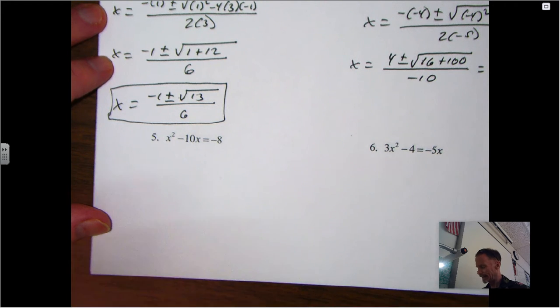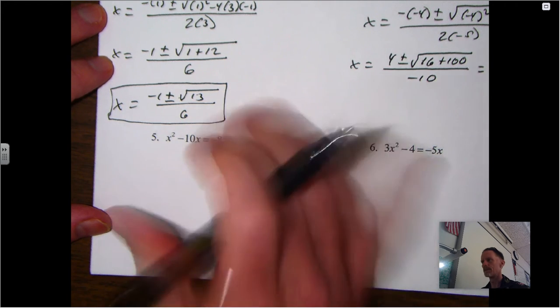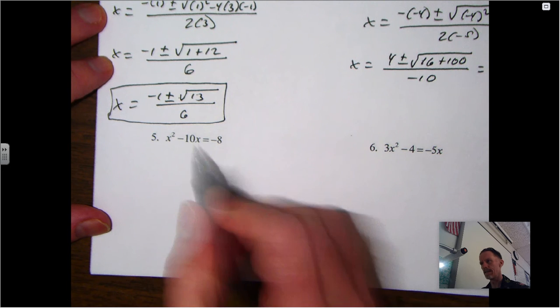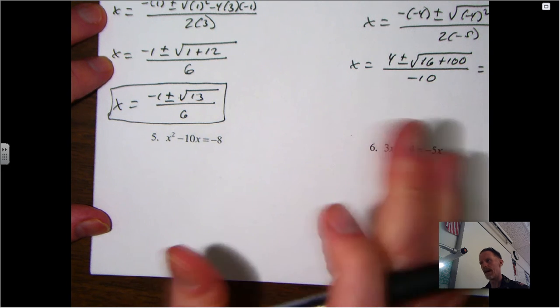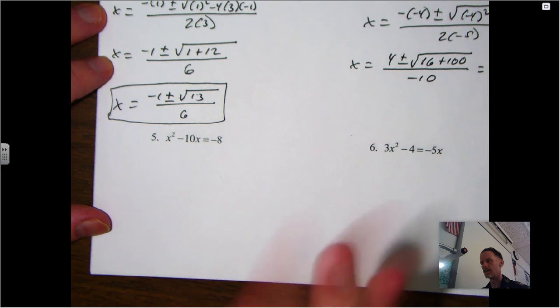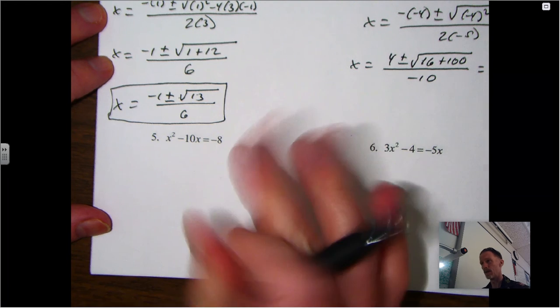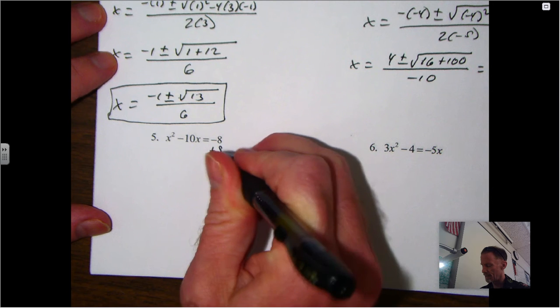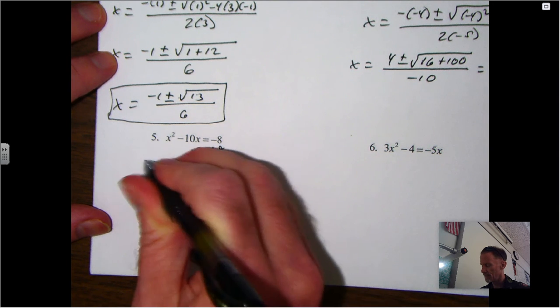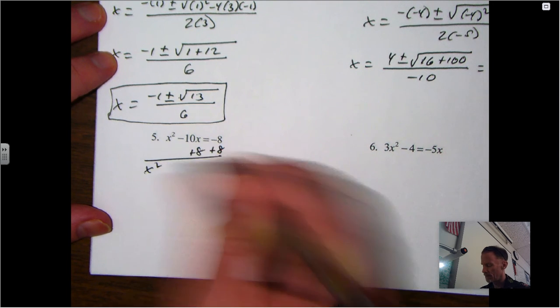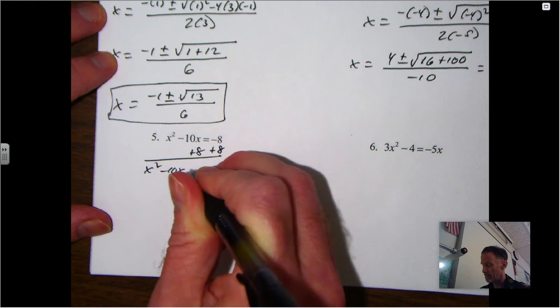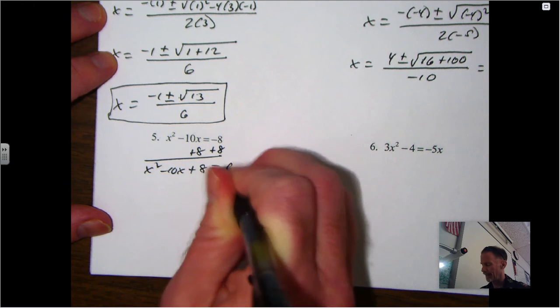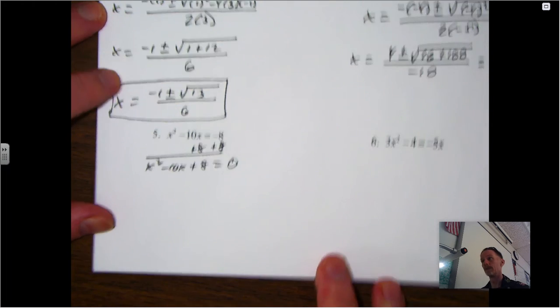So before you do anything else, if you have to move things across an equal sign, do that little bit of algebra so it's equal to 0, and then do the quadratic formula. So in this case, I've got to add 8 to both sides, and it would be x squared minus 10x plus 8 equals 0. And now I can use the quadratic formula.